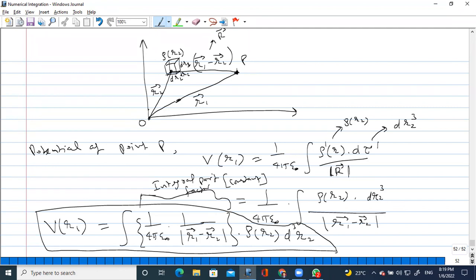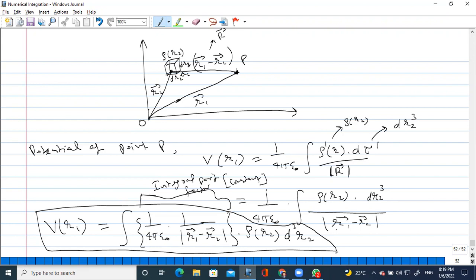Sir, please explain that constant part. The constant part is 1 upon 4 pi epsilon naught, and this part mod of R1 minus R2. Sir, R2 is variable.